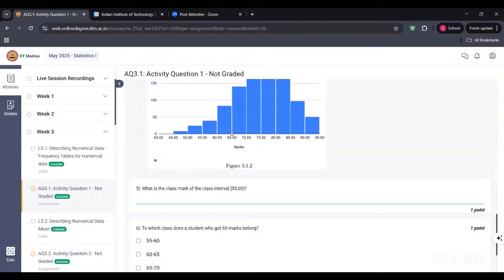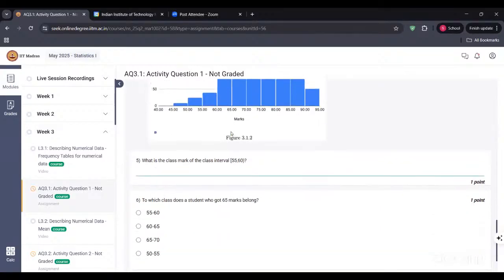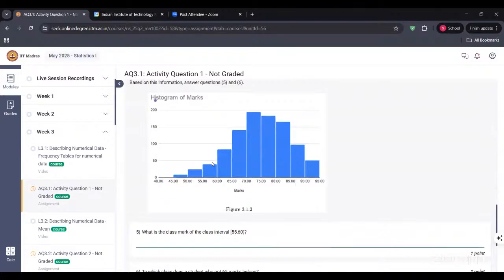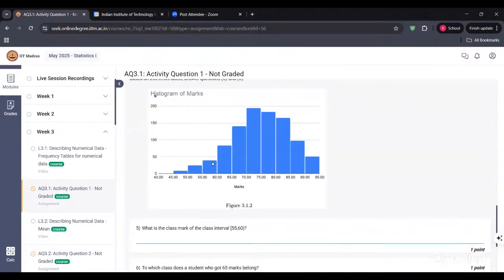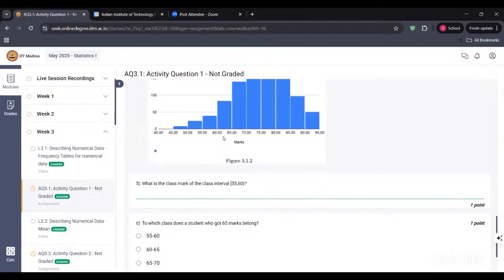To which class does a student who got 65 marks belong?